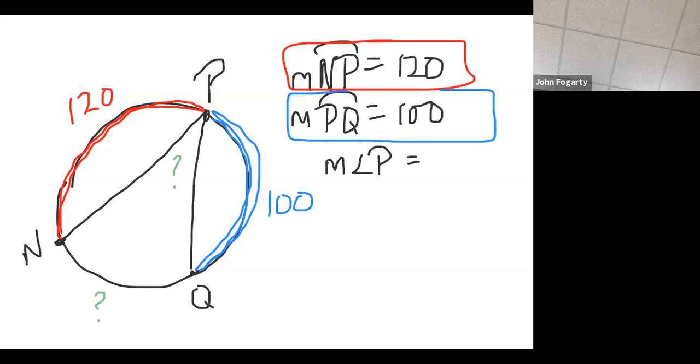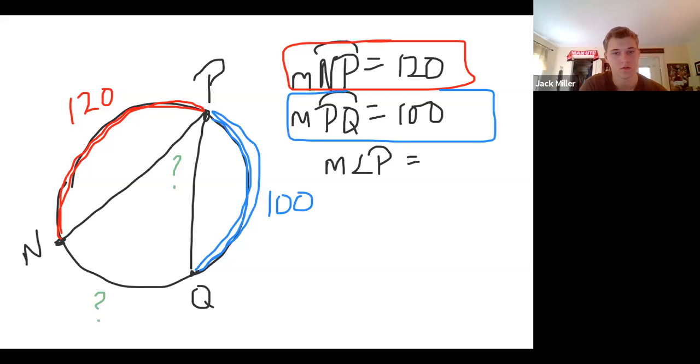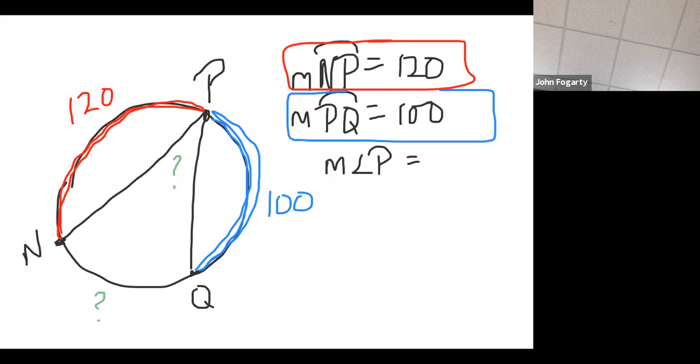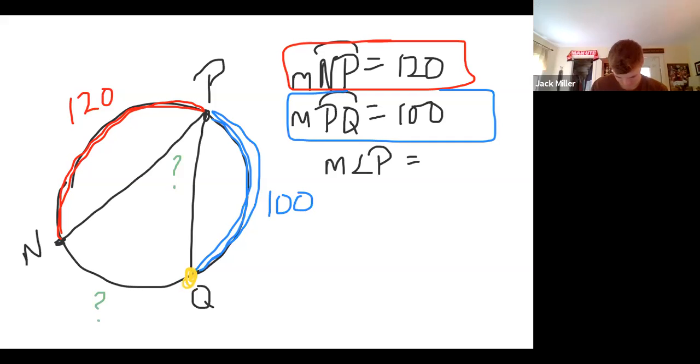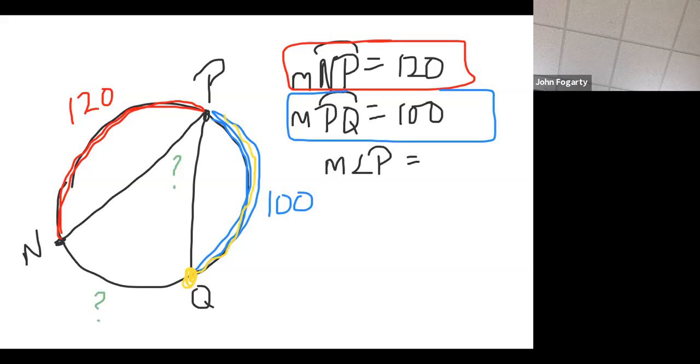Can I figure out what NQ is? Yes. If I started at Q, ready, watch. If I start at Q and I travel around a circle, when I get to P, I've done 100 degrees. When I get to N, I've done 120 more degrees.